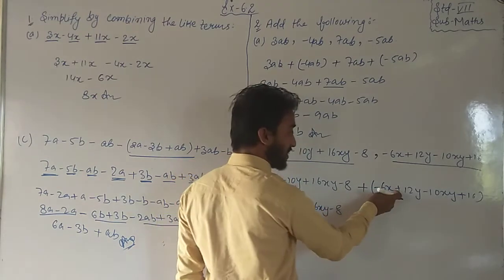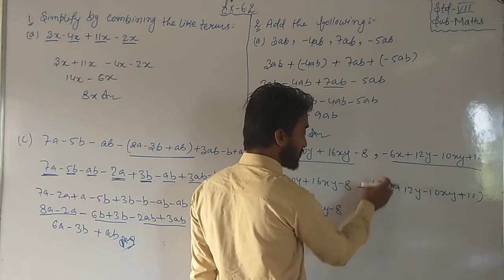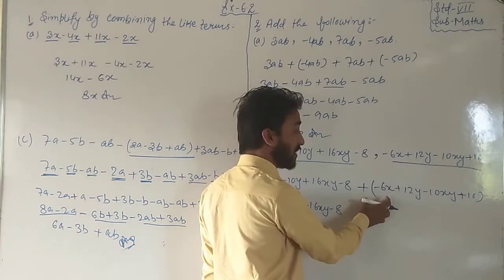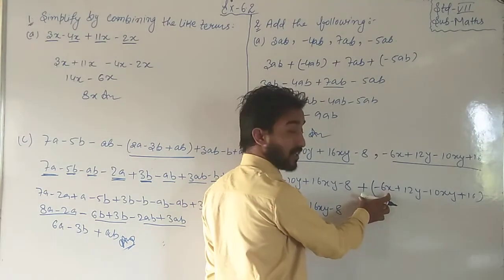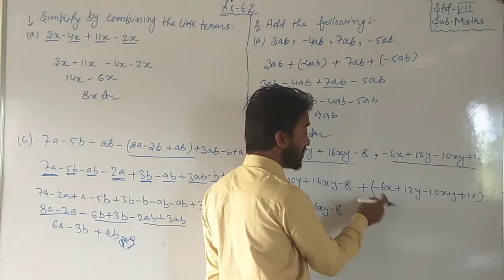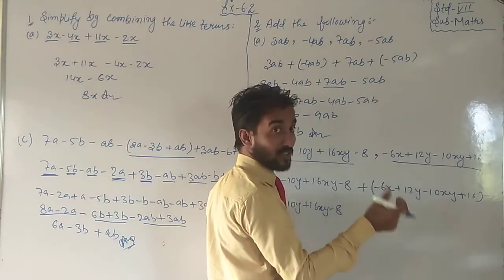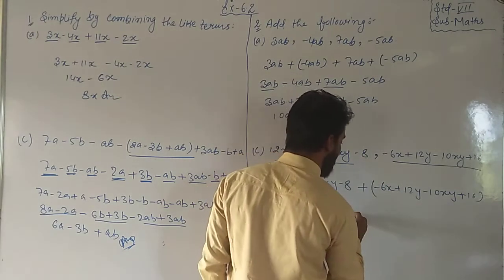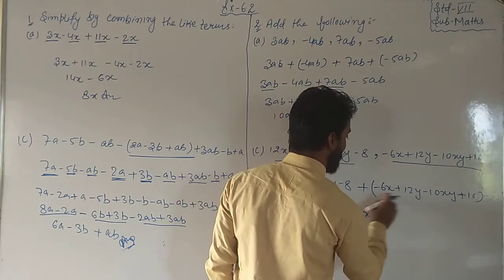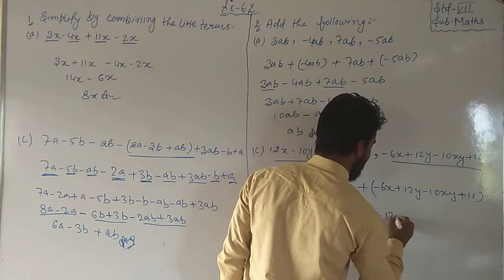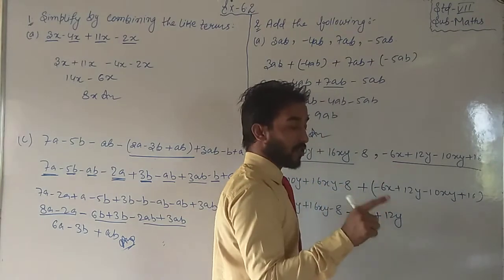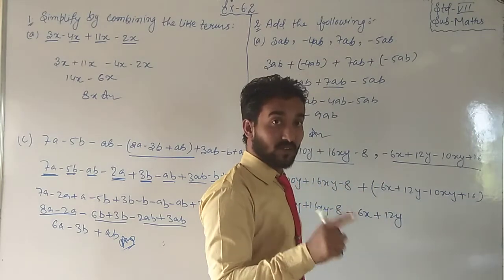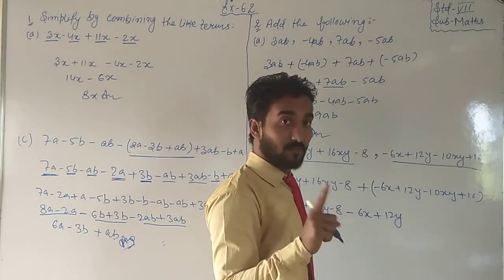Now plus and minus. See students, both these terms are multiplied because both are under the bracket. So plus or minus will multiply. What result will we get? That plus times minus gives minus 6x, plus times plus. Don't be confused students. Positive into positive is positive.